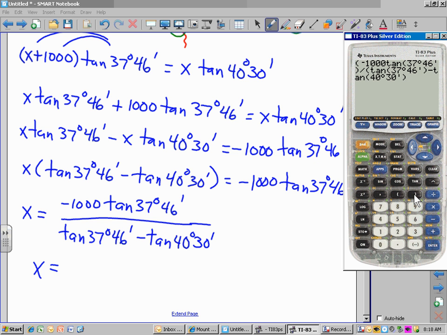Notice I put the top in parentheses. Actually, I forgot a parenthesis, didn't I? Okay, so I have a parenthesis around the entire top. The trig functions automatically put a parenthesis on it, so you have to close that one off. And then on the bottom, I'm going to put one more at the end here, so I have a parenthesis around the entire bottom. Some people think that's not necessary. I like to play it safe. I think it is.